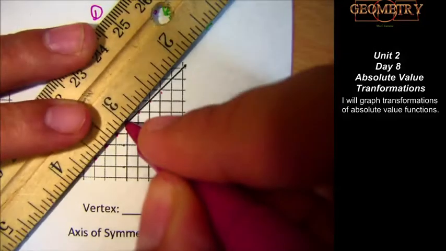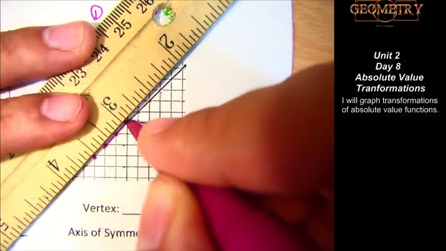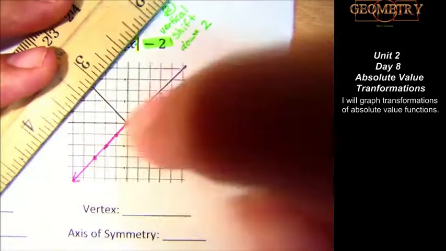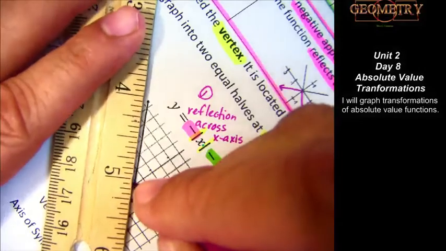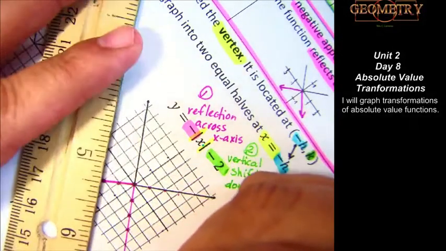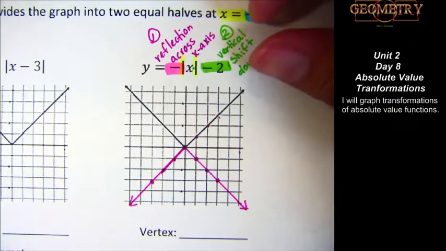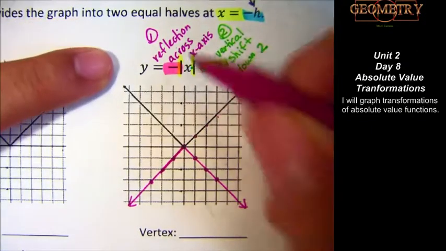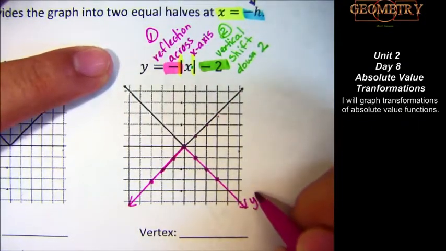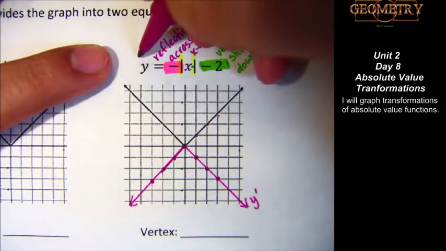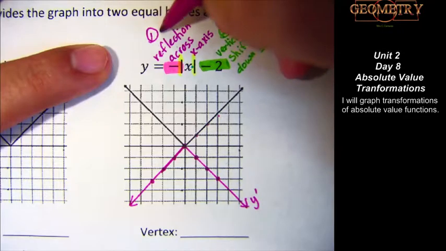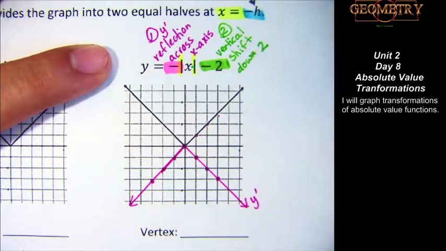I've got a classic ruler here, and I'm going to trace it in, spin my paper so it's easier for me to trace it. There it is. So there's the first transformation. It's this reflection, and I'm going to call this reflection y prime. It's y because this is named y, and it's prime because it's the first thing that I've done to it.